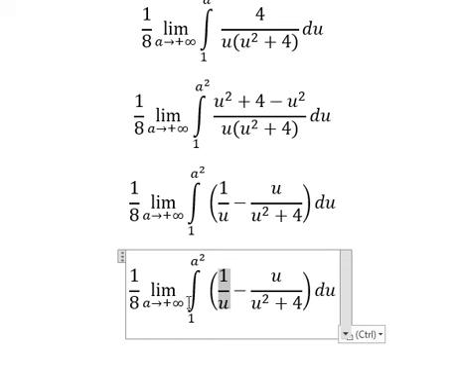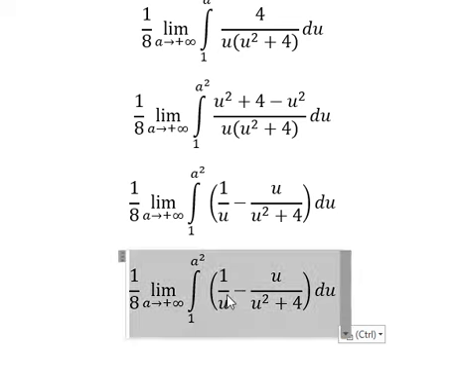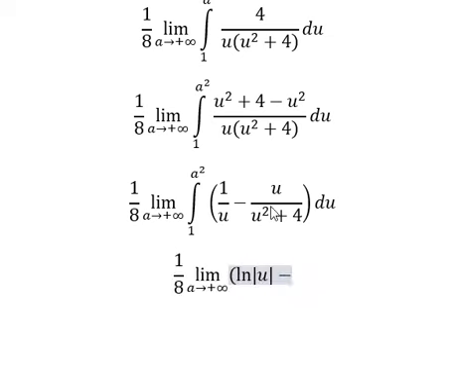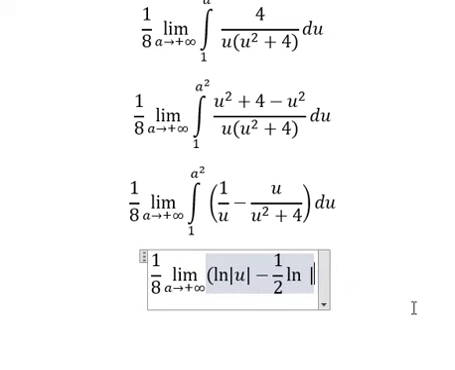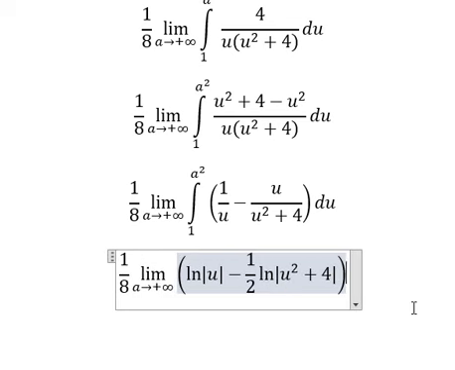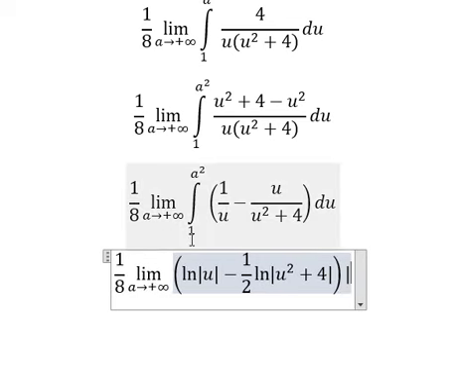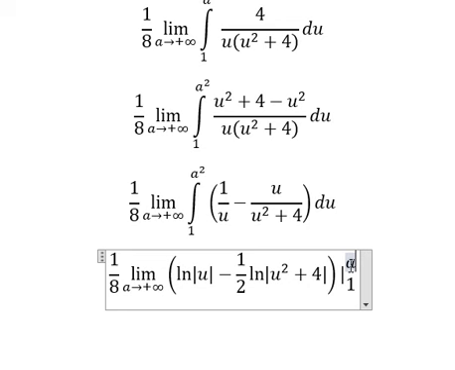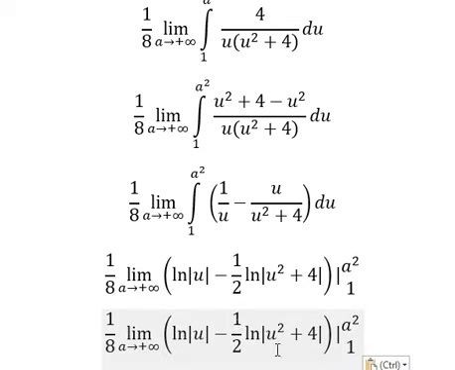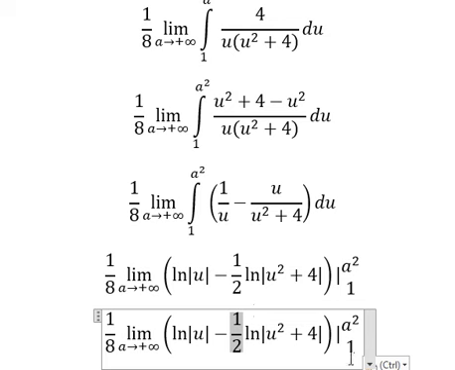The integration of this one is ln of the absolute value of u. The integration of this one, we have 1 over 2 ln of the absolute value of u squared plus 4. And we put the bounds from number 1 to 8 squared. So 1 over 2 goes inside this one.